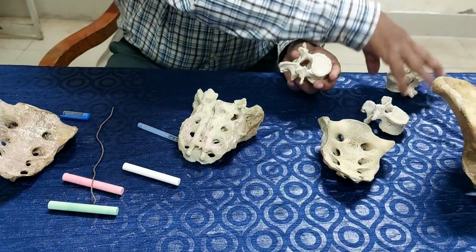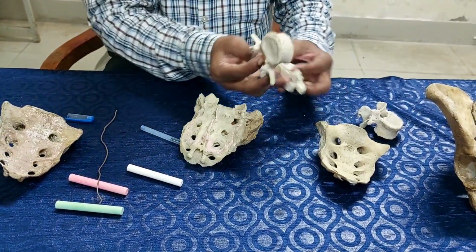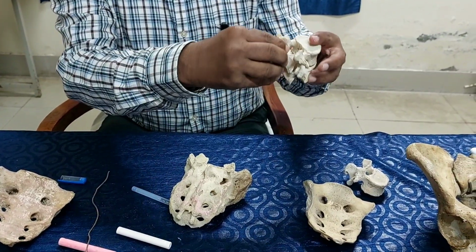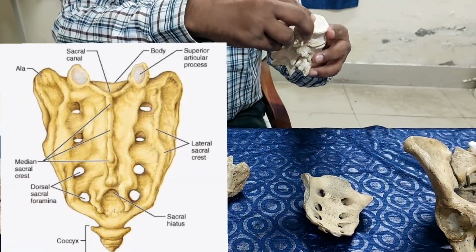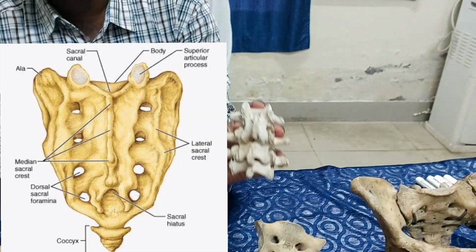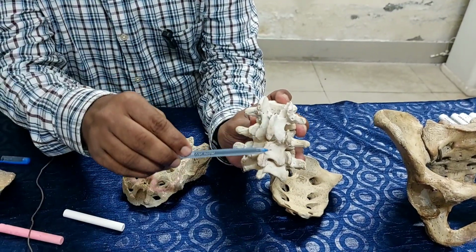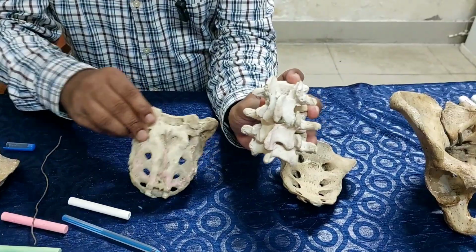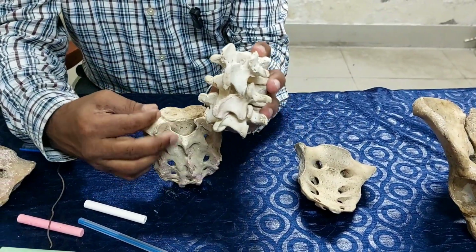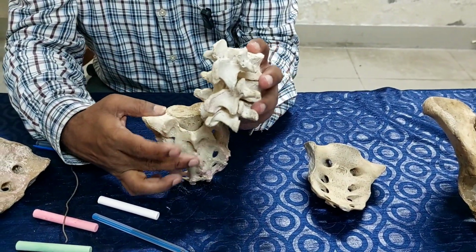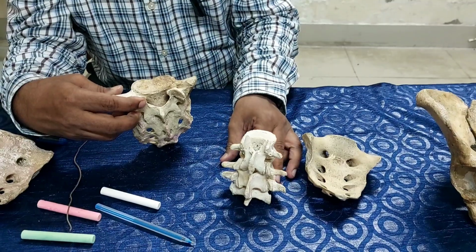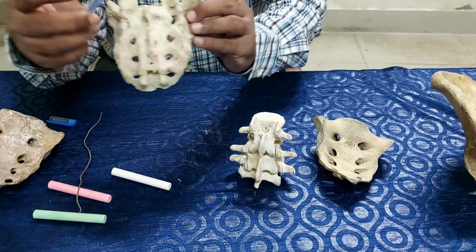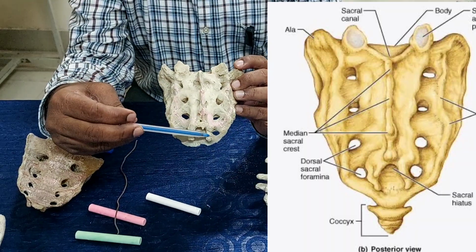If this is the lumbar vertebra, lumbar 5, then 4 or 3, here they are the spines. If they are fused together, they will form a crest on the sacrum. So this fused spine is called the median sacral crest.